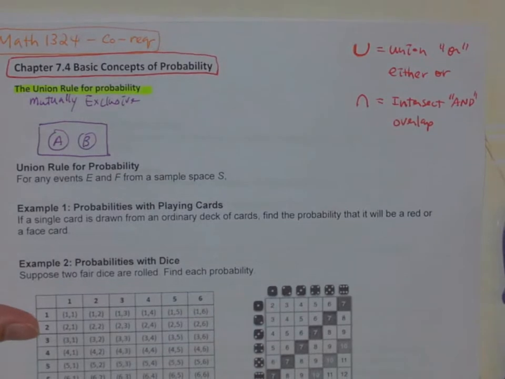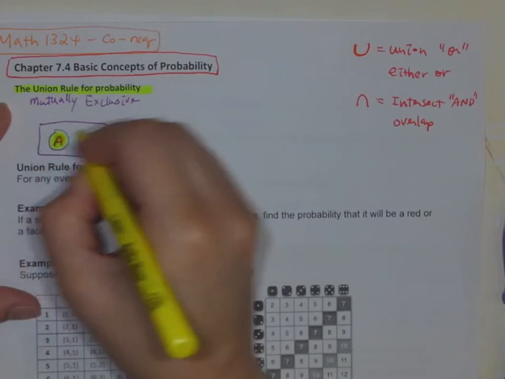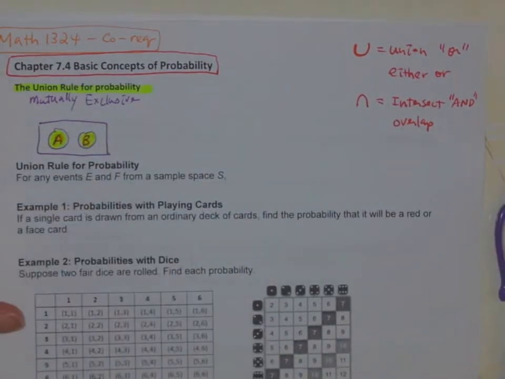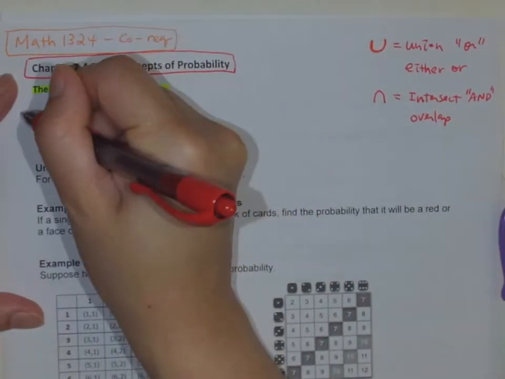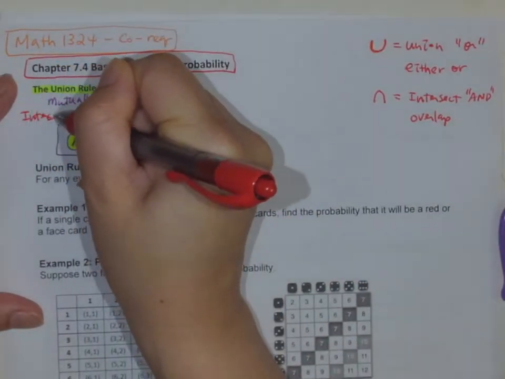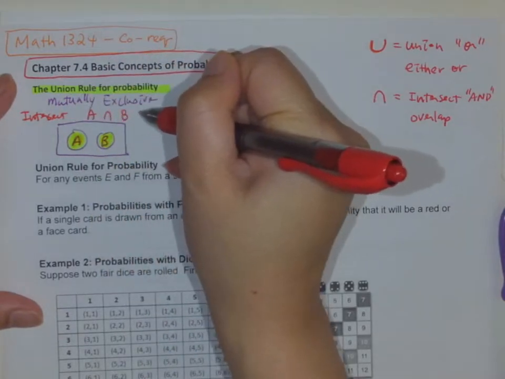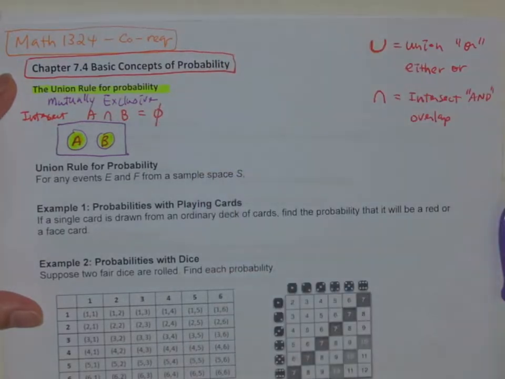So if we're doing A intersect B, the overlapping part, they don't have anything in common, right? So that would be an empty set.